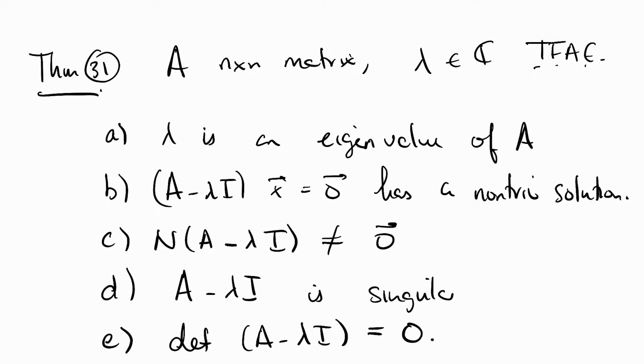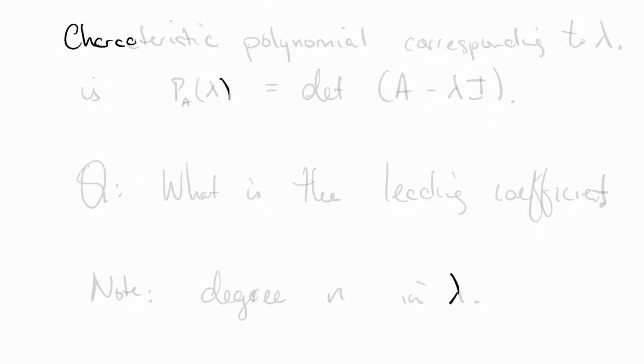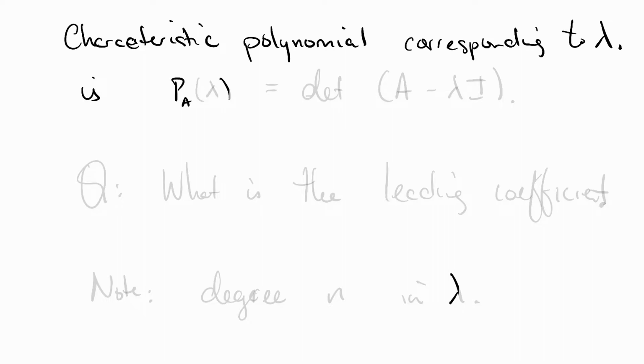Let's talk about our characteristic polynomial. Our characteristic polynomial corresponding to lambda is simply the polynomial p sub A of lambda equal to the determinant of A minus lambda I. It turns out that if we explore what this polynomial is, we can start to understand some behaviors of our eigenvalues.